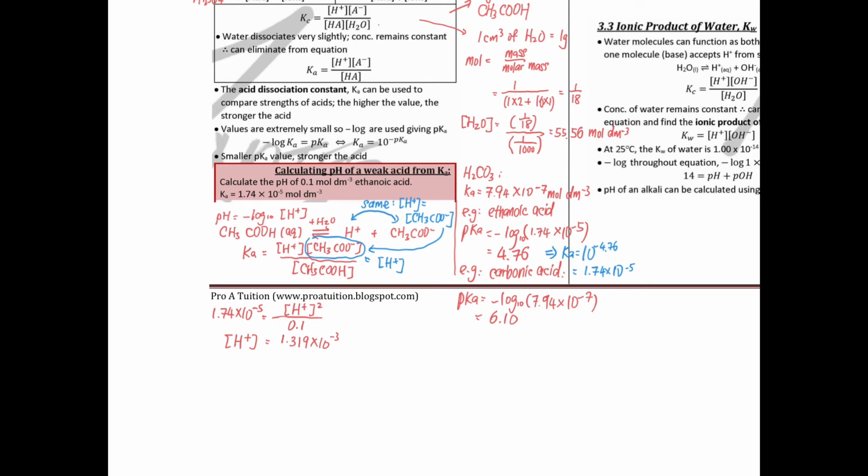Once you get it, now we can start using the formula written at the beginning. Take the negative log of the concentration of H plus, and you get pH.